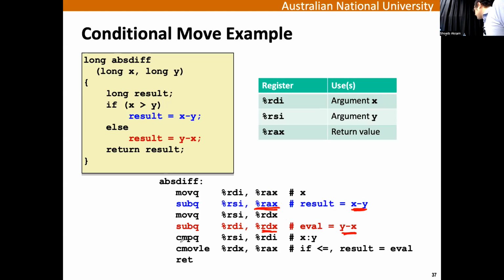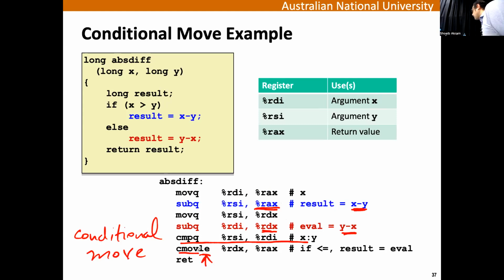We do the comparison, and we do the conditional move. This is a conditional move, and this is the condition. This is from the table. This is saying less than. It's moving RDX to RAX.